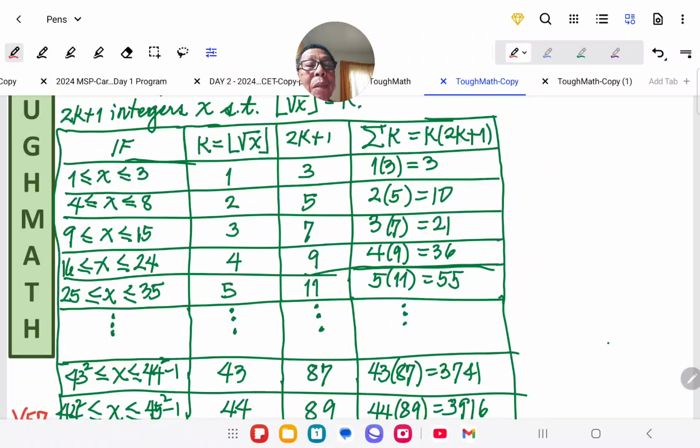Take note or remember that k here is equal to the greatest integer value of the square root of x. So let's not forget that.